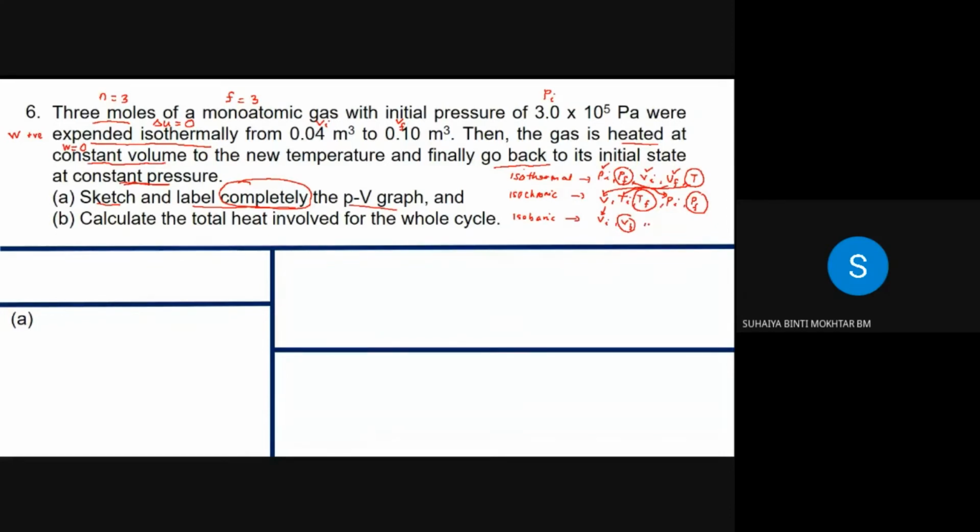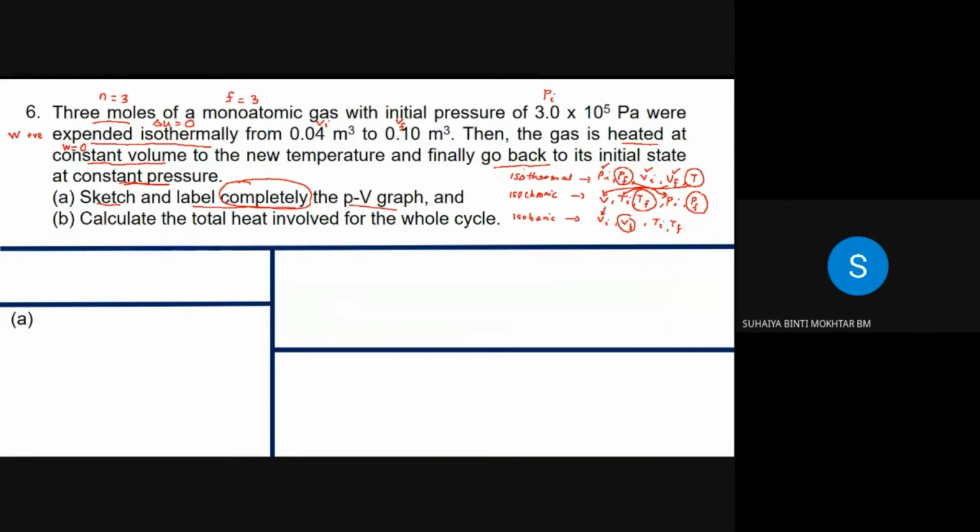Then we calculate, coming back, finally going back. So for T, you have T initial and T final. T initial is the T from the isochoric process.